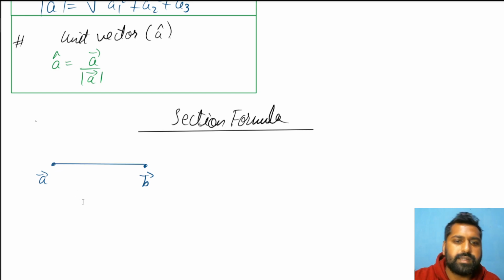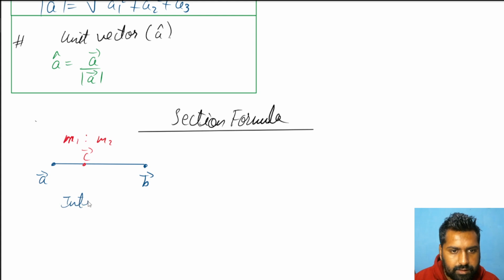Let's say there is a point C which is dividing A and B internally in some ratio m1 to m2. Or you must have studied it as m ratio n. I have the tendency to write m1 m2, it's simple that way. So this is first of all the case of internal division.